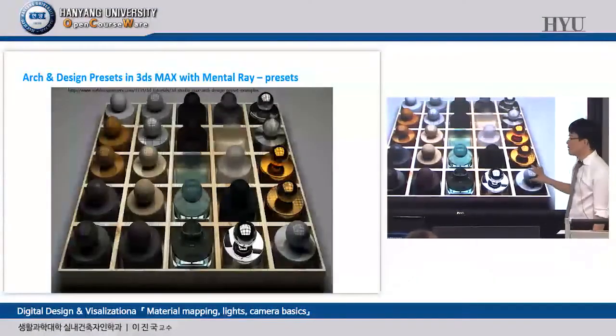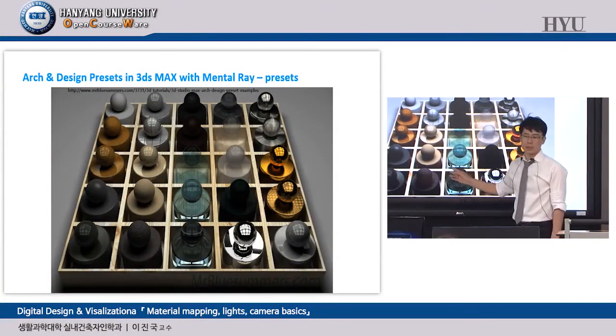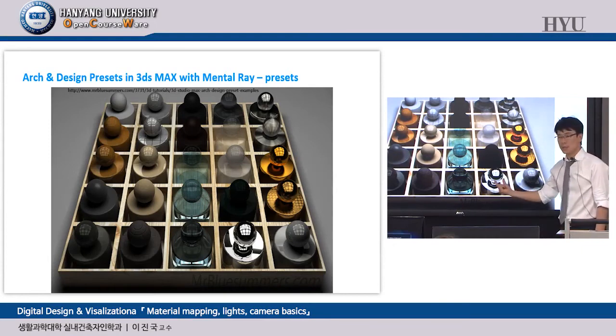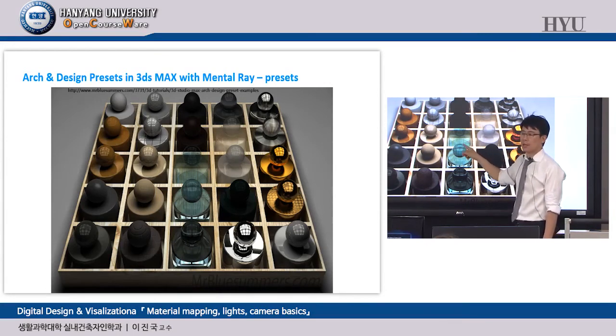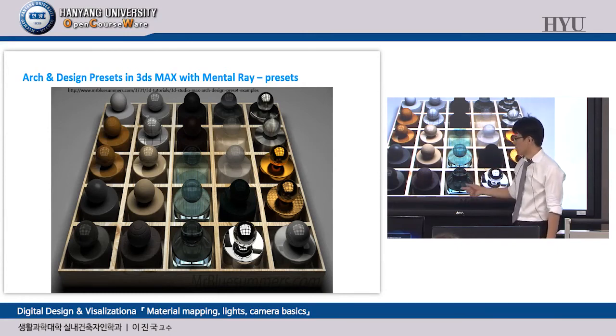Take a look. Same geometry, okay? But they are all presets in mental ray, Arch and Design material, Autodesk material. So high glossy chrome, solid blue color glass, thin geometry glass. What is thin geometry glass? This one is looking only at the surface, very thin glass material. But this one looks heavy, even heavier than this one, okay?